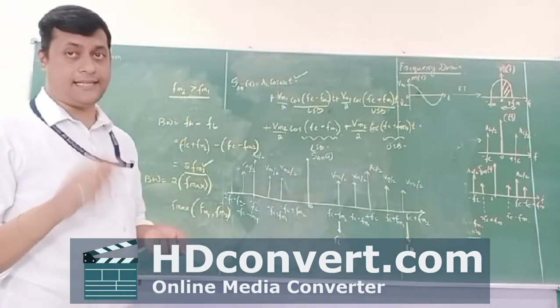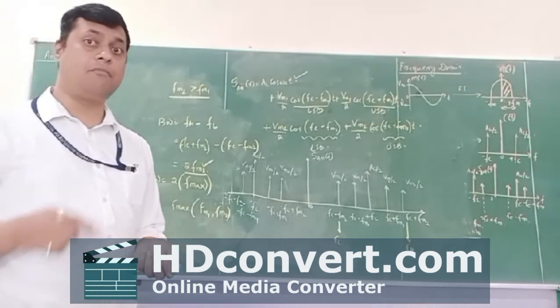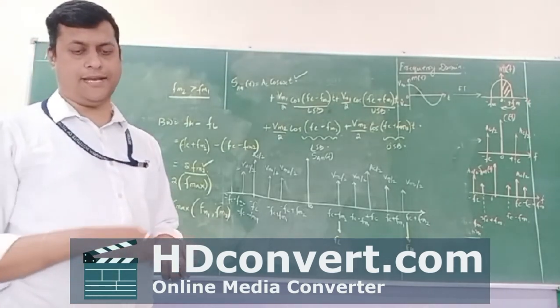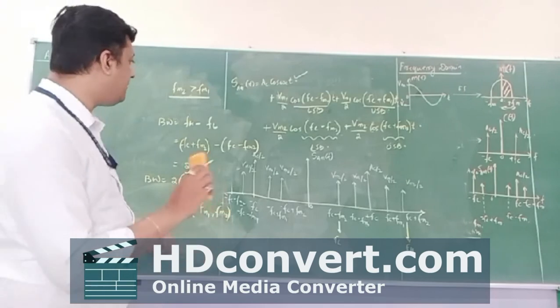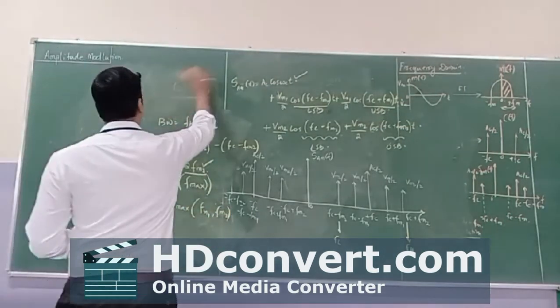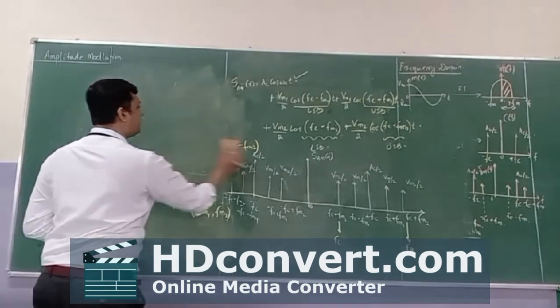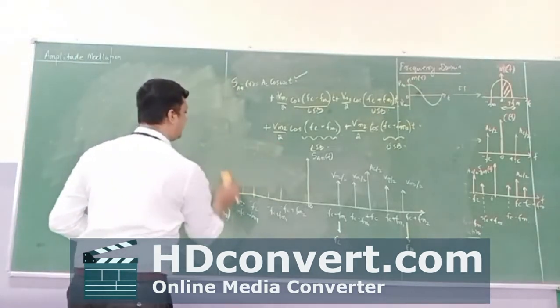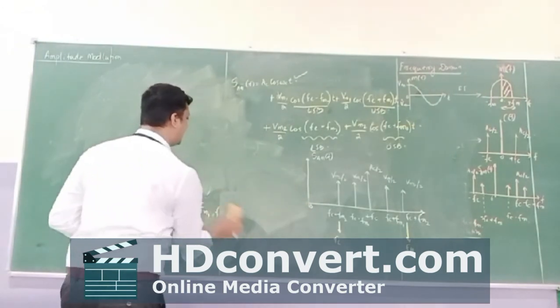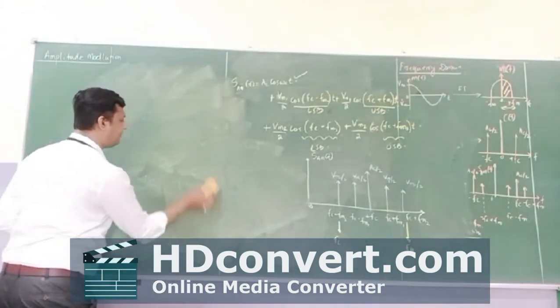If it is a single tone, what happens, and if it is a multi-tone, what happens. So these are certain fundamental things which will be identified further in the demodulation process as well as in the modulation process.